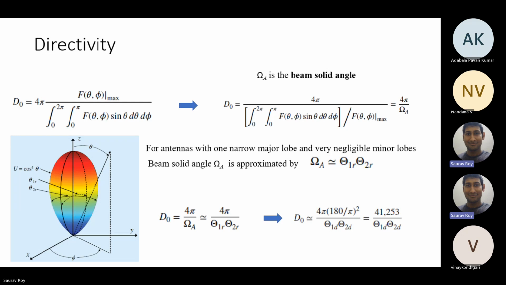We don't need to take care of any other angle: theta 1 is one angle and theta 2 is in the perpendicular plane. In a picture or a simulation you can easily draw it, but in antenna theory it is practical: you have to fabricate the antenna and measure it. There you have only two planes, the E plane and the H plane. From that you can calculate theta 1 and theta 2 easily, and from that you can calculate directivity. Understood? Yes, sir.